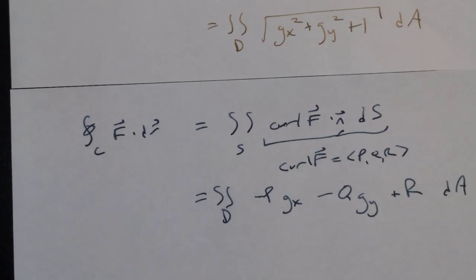When you switch it to polar, do you still do dA as r dr d theta? I was dealing with x and y. I'm saying, oh, this is the circle, let's move it into polar and use the Jacobian for the transformation.